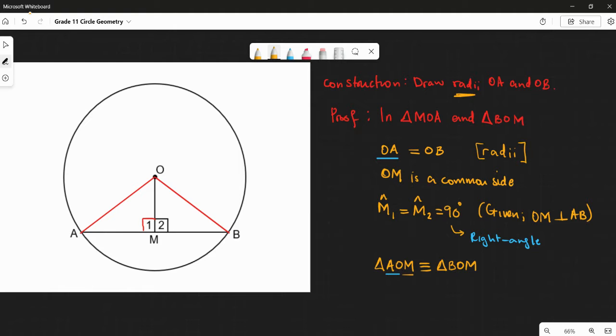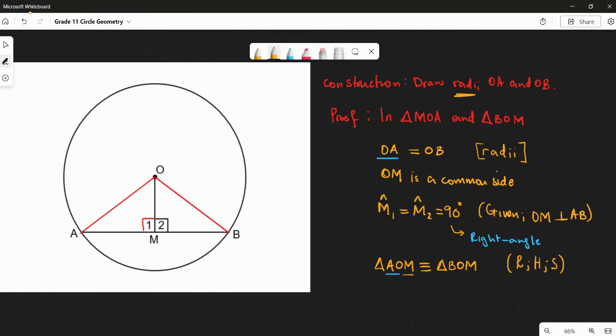Since we have the right angle, you remember? We can use the letter R to represent right angle, followed by, in a given right angle, the hypotenuse is the side that is opposite the 90-degree angle. So it is the right angle and our hypotenuse, which is our radii, in each triangle there. And we have a common side that we have proved to be R, a common side.